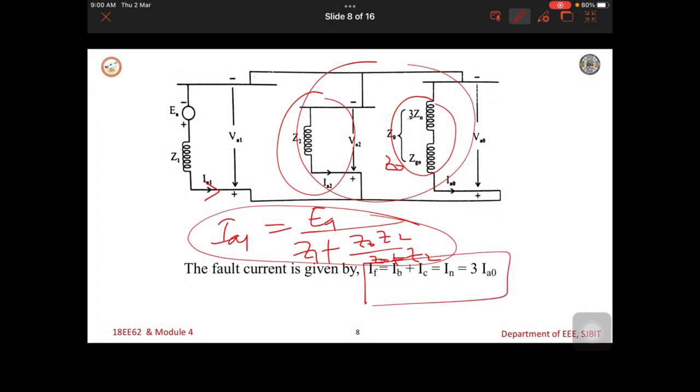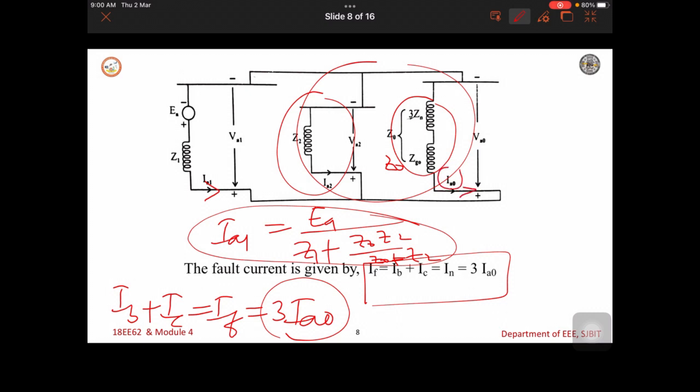And also the fault current, IB plus IC, is equal to 3 times IA0. This IA0 you can derive from the branch current formula. IA0 is equal to, here the branch current formula, this is the branch current, it is coming opposite, therefore minus IA1 divided by the opposite branch Z2 plus the sum of the branch impedances Z0 plus Z2, so Z2 into Z2.